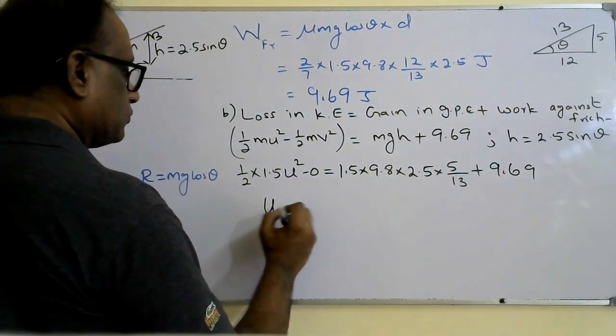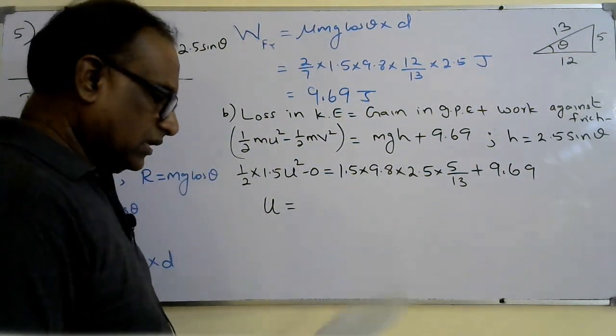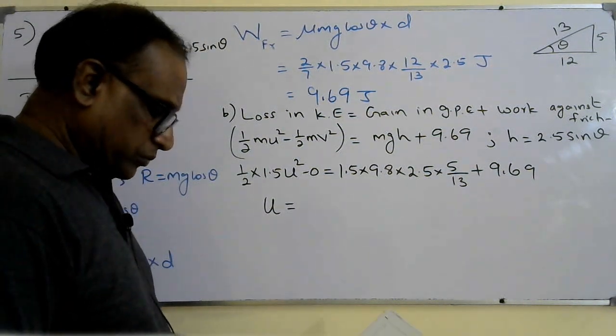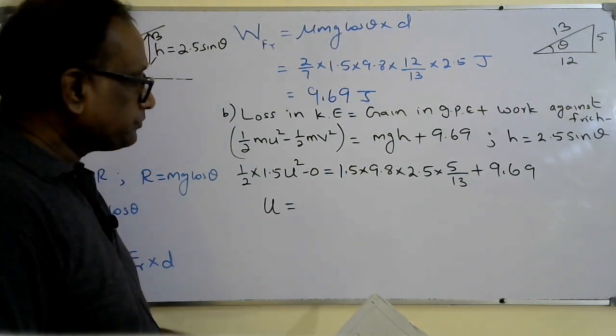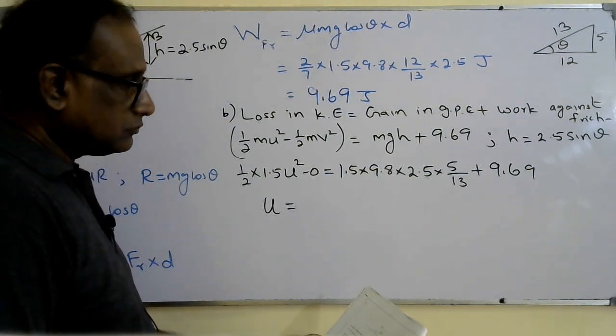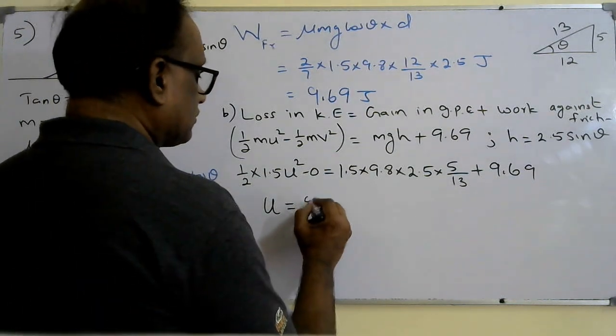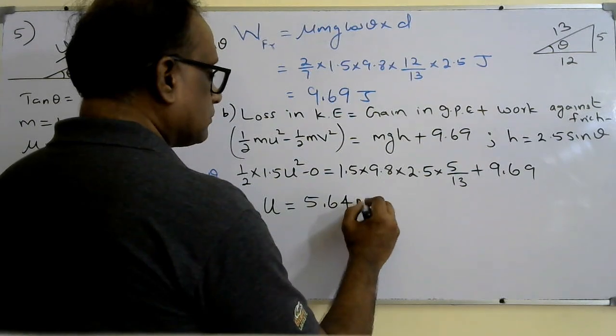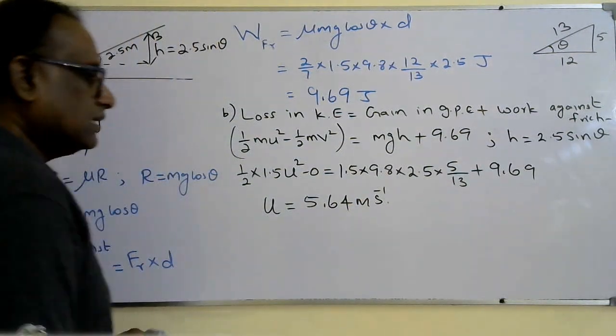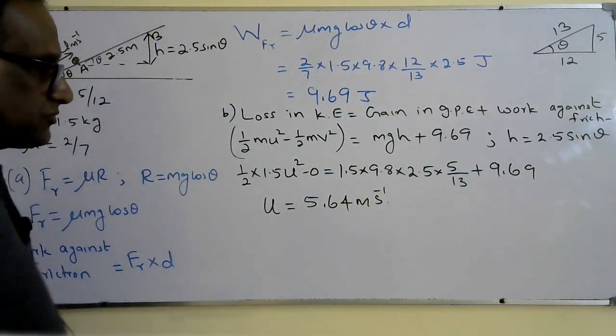Solve it and find u. Take the square root. You will get u equal to 5.64. That's the initial speed, 5.64 meter per second.